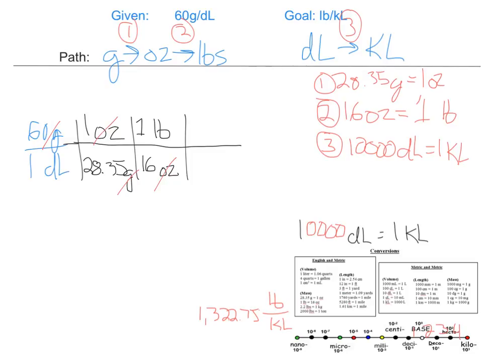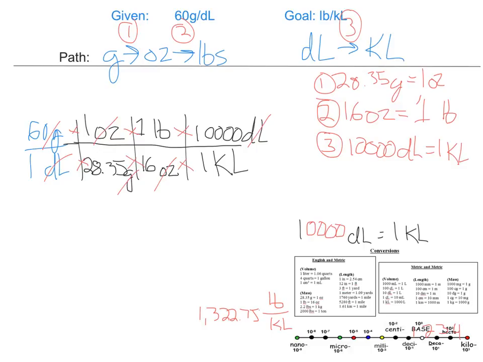And then the last thing that we need to do, since we have deciliters on bottom now, remember that they need to go up top, so that is 10,000 deciliters was equal to 1 kiloliter. So deciliters on bottom can cancel out deciliters on top. And now we just need to multiply. So multiply everything on top, and then it'll all be divided by everything on bottom.